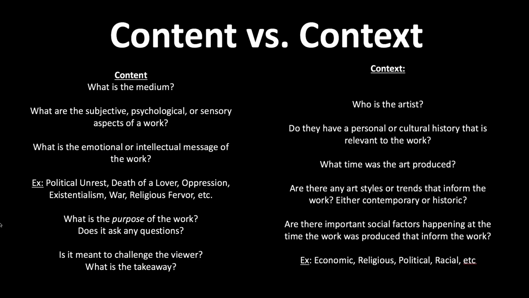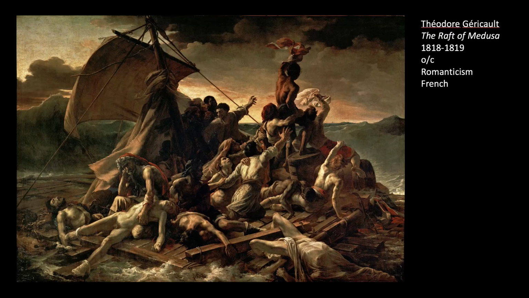So, going down for content and context, this is a painting that shows up more and more in this class. It's Théodore Géricault, The Raft of the Medusa. It's an oil on canvas French painting at the height of Romanticism.